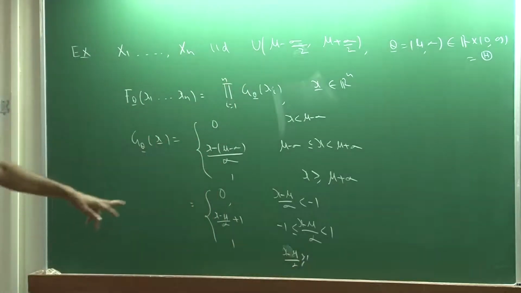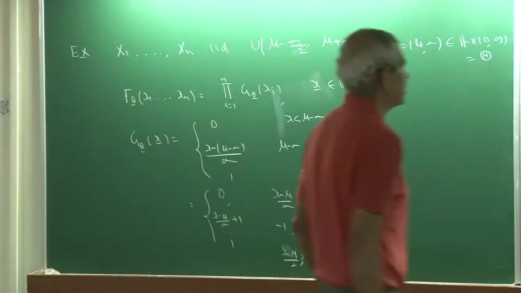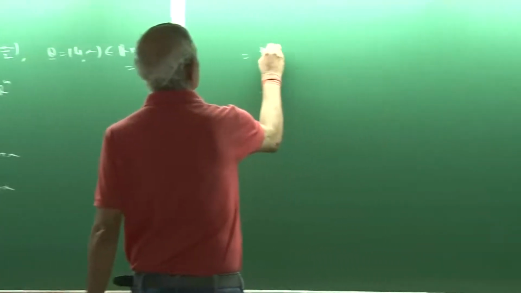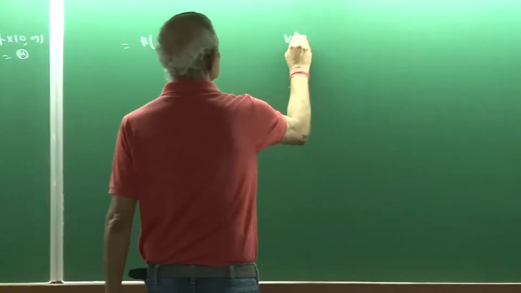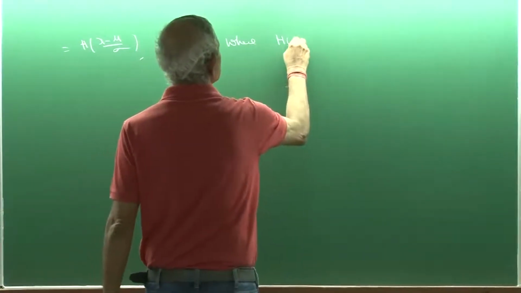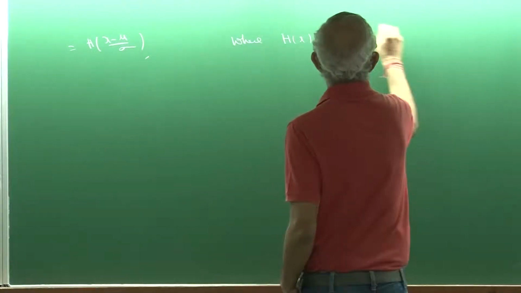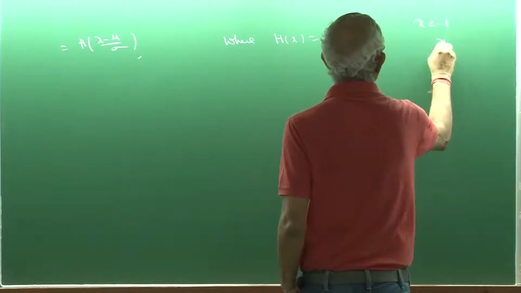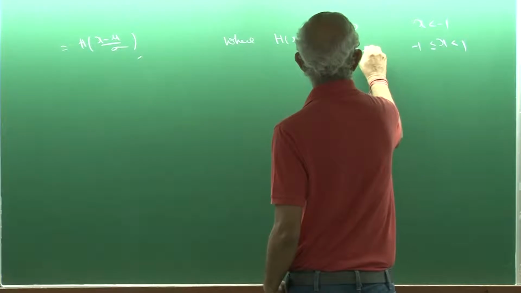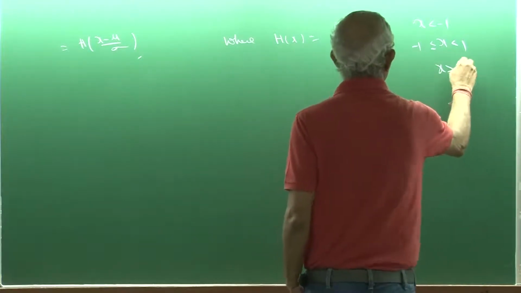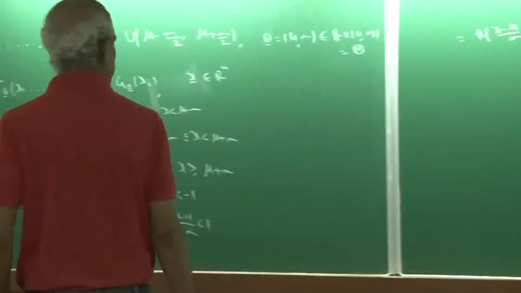So you can see this all depends on mu and sigma only through x minus mu by sigma. So I can write this as h of x minus mu by sigma, where what is my h of x? H of x is 0 if x is less than minus 1, if x is greater than or equal to minus 1 and less than 1, it is x plus 1, and if x is greater than or equal to 1.